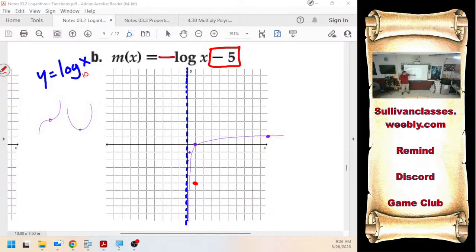So instead of like here, I go up 1 and over 10, instead I'll go down 1 and over 10. Instead of going down 1 and over a 10th, I'll go up 1 and over a 10th. Yes.